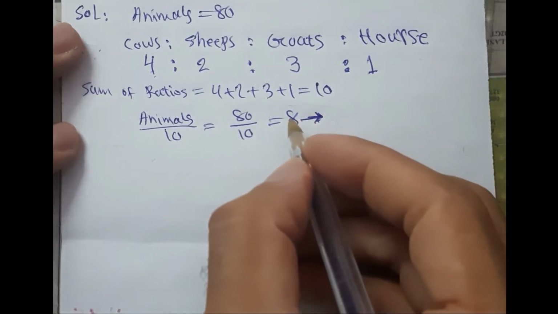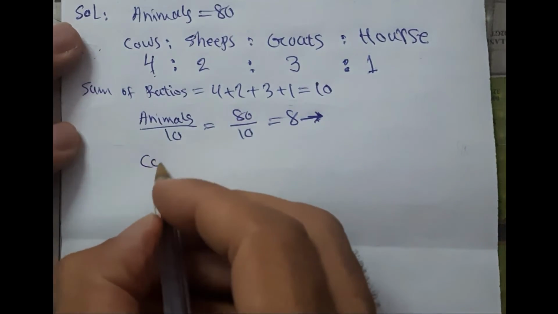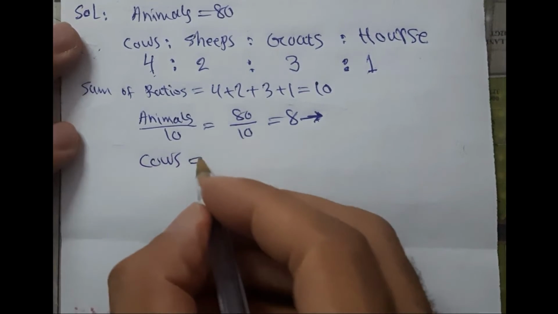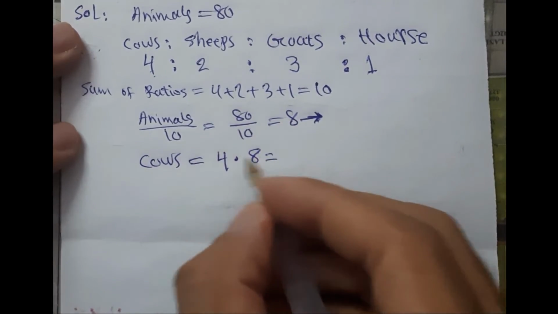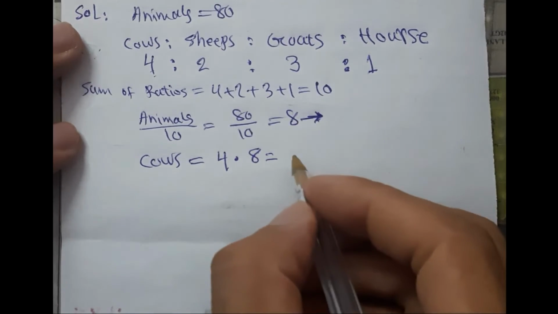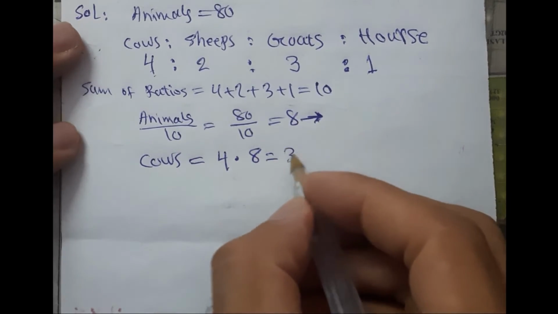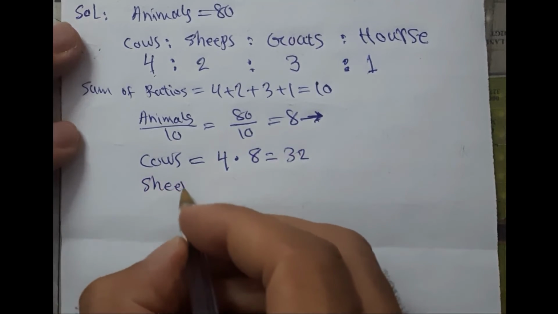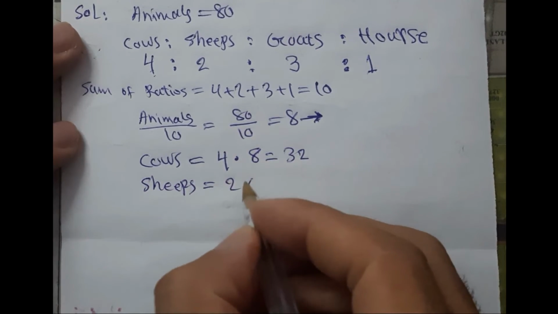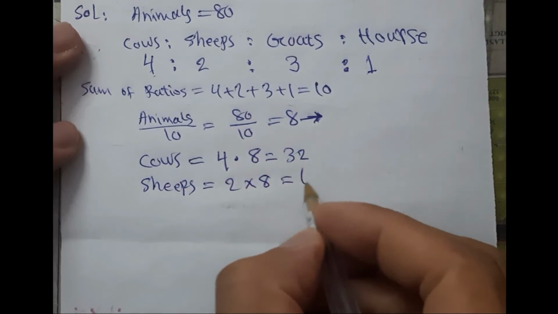Now if we want to find cows, the number of cows is equal to 4 multiplied by 8. Its ratio multiplied by 8. 4 multiplied by 8 is 32. Sheep is equal to 2 multiplied by 8, 16.